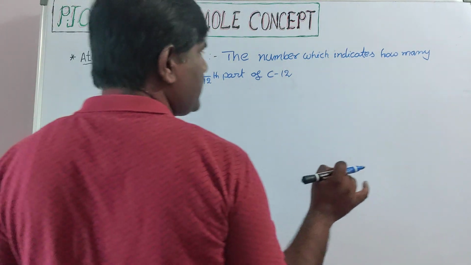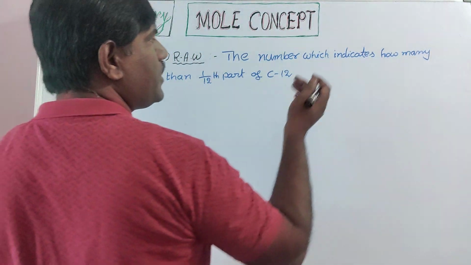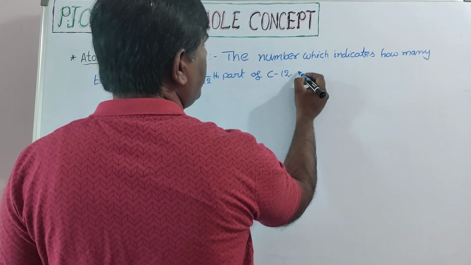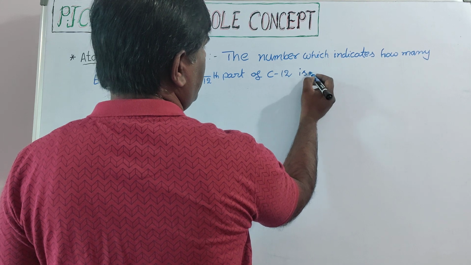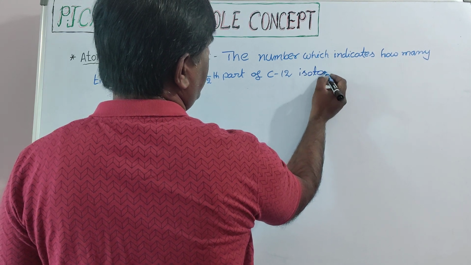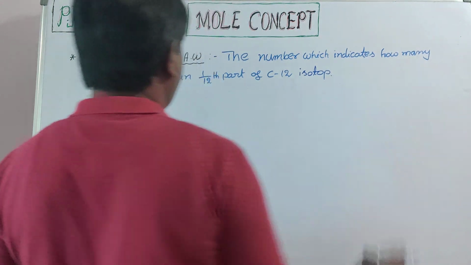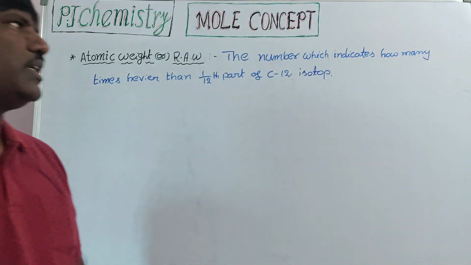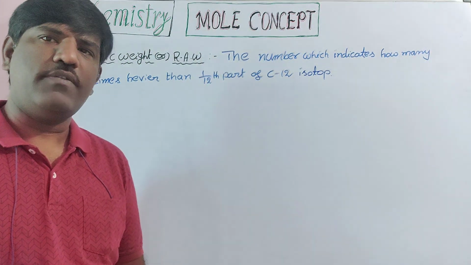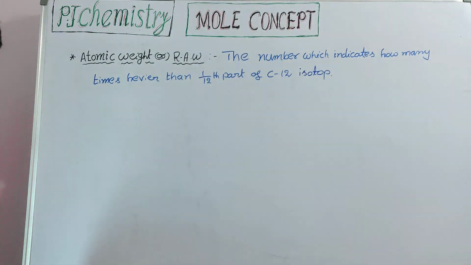We should mention the C12 isotope because carbon has different mass numbers. Carbon 12 only we consider as the reference element. The number which indicates how many times heavier than 1 by 12th part of the C12 isotope.